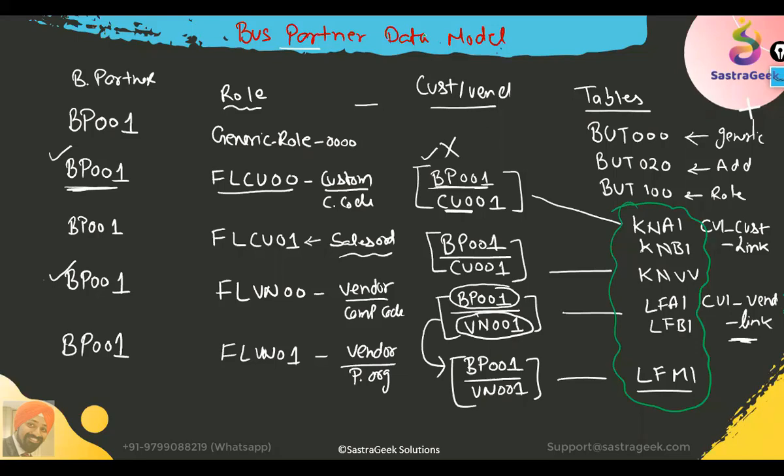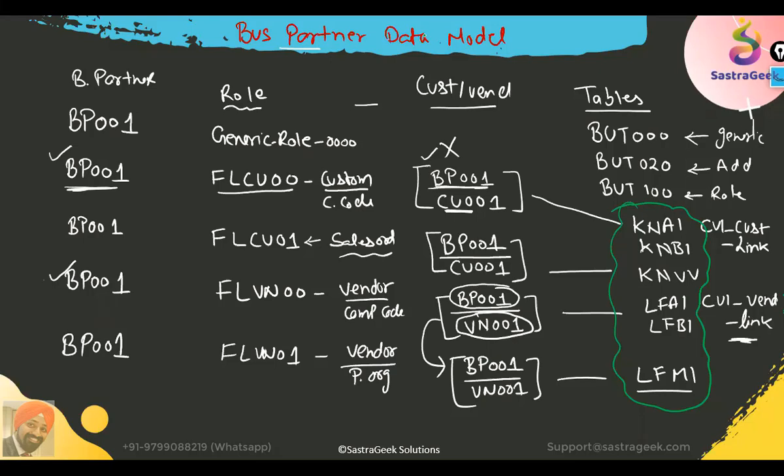So is there a category concept also? Sorry, come again. Is there a category concept also, as in CRM and other things, where there is a person, organization, which is taken care of by category, and then you have the roles? Yes, exactly the same concept is there. We'll go through that and see how to select person, organization. Exactly the same way the business partner is there in your CRM, EWM, TM.